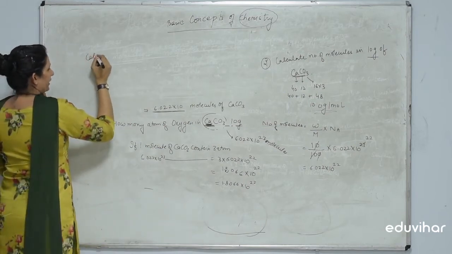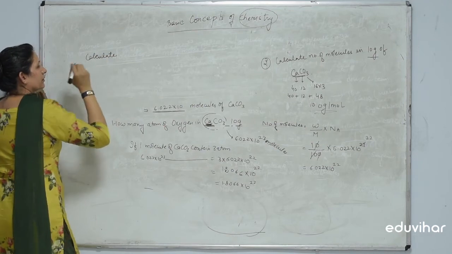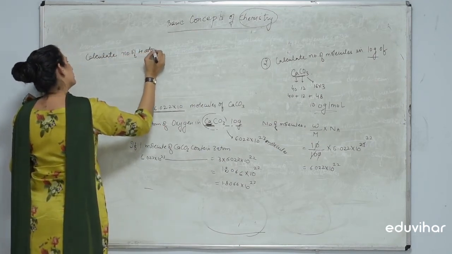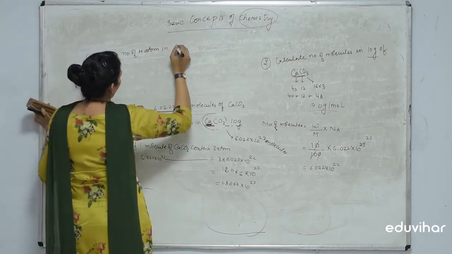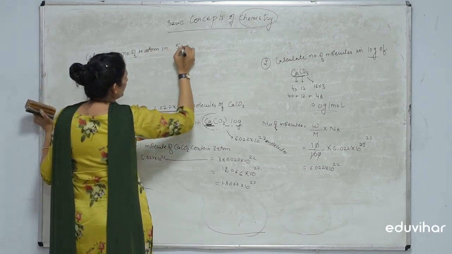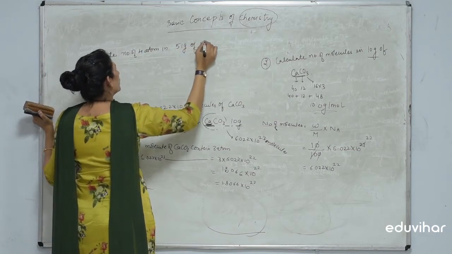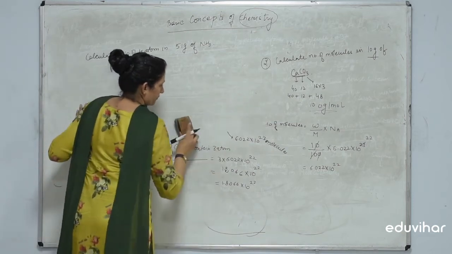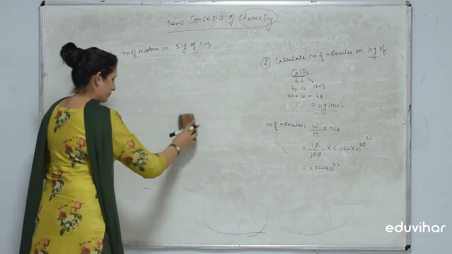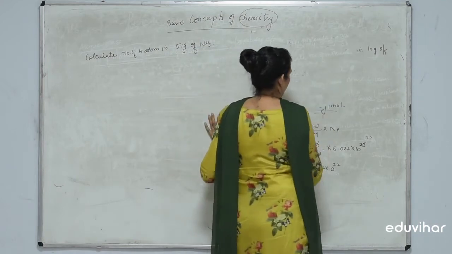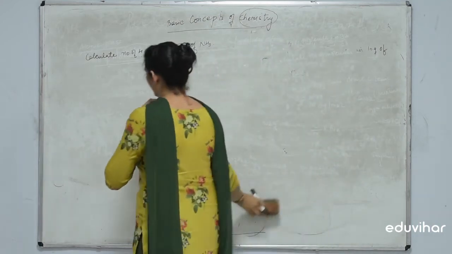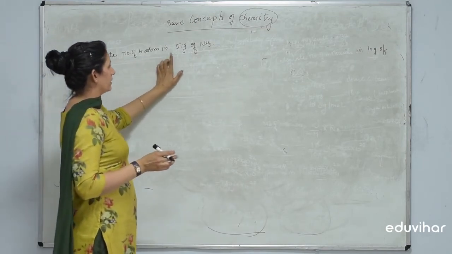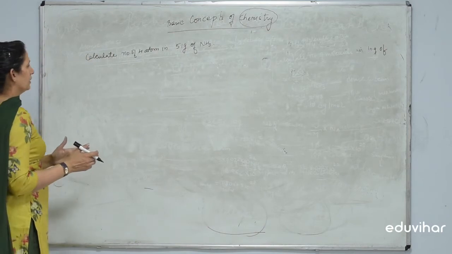Calculate the number of hydrogen atoms in 51 gram of ammonia.